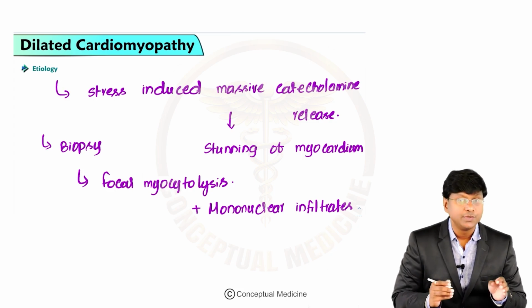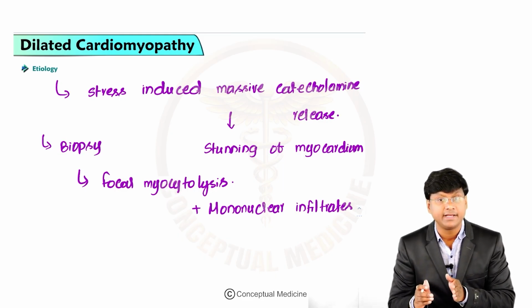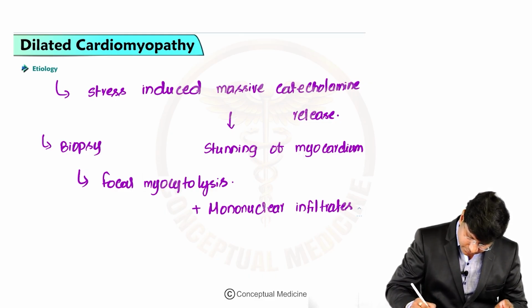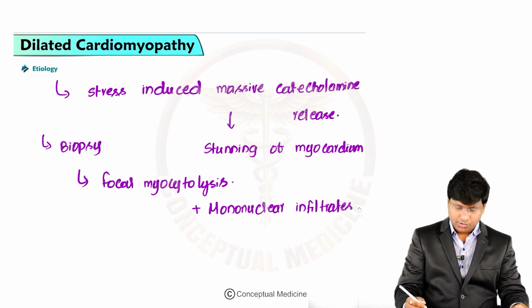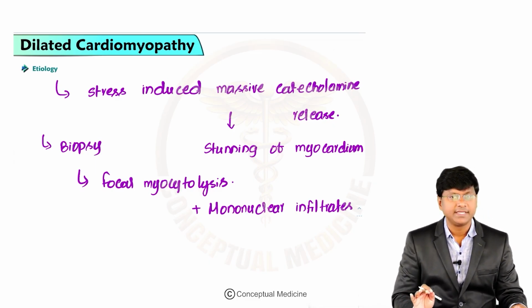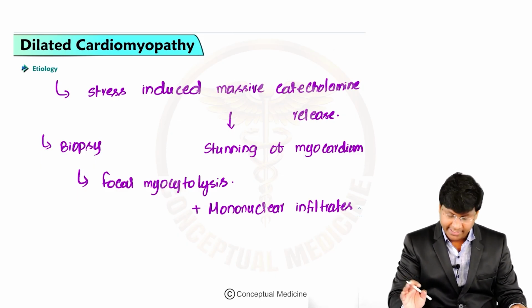And along with that, you will also notice the presence of contraction band necrosis. So this will be the biopsy picture: focal myocytolysis with mononuclear infiltrates and contraction band necrosis.